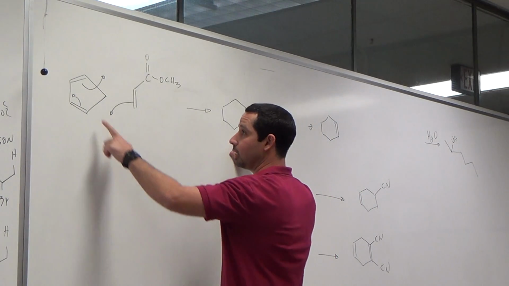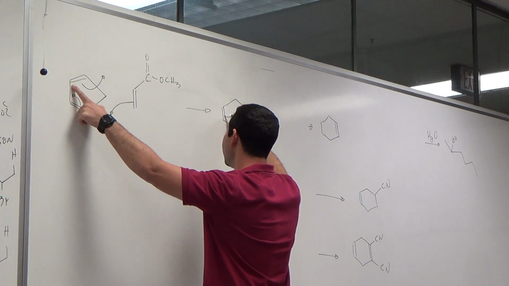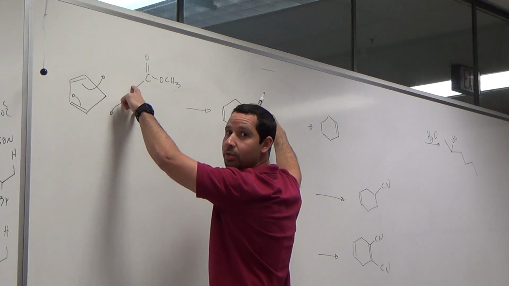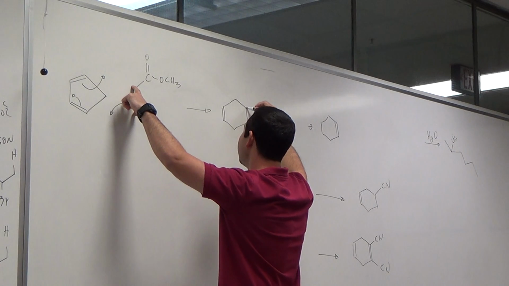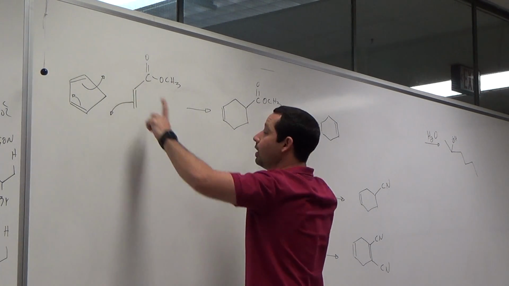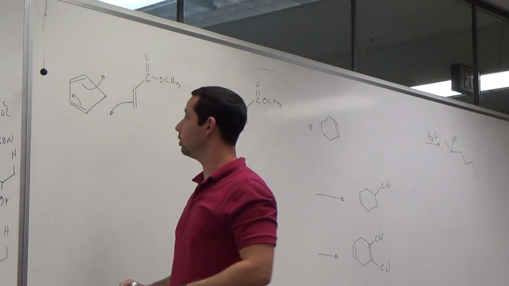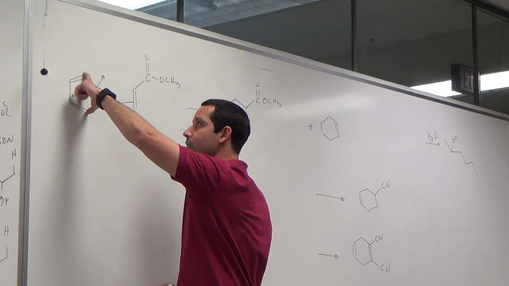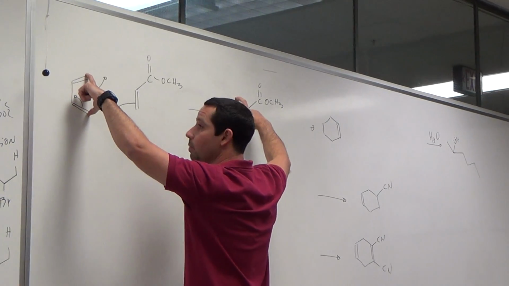It's still a cyclohexene. There is a double bond here, yes or no? Those are these two carbons, yes or no? So this one is going to have this stuff on it, yes or no? Now the only difference is these two carbons are these two carbons, yes or no?